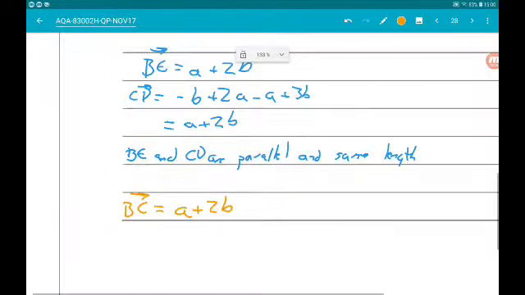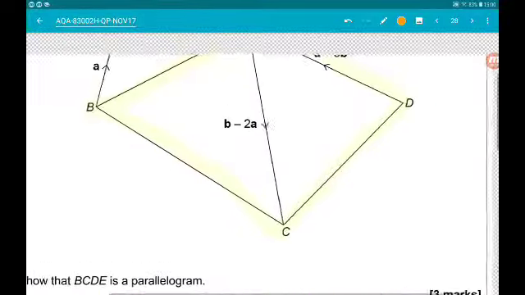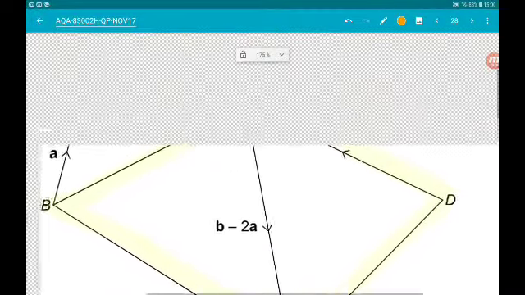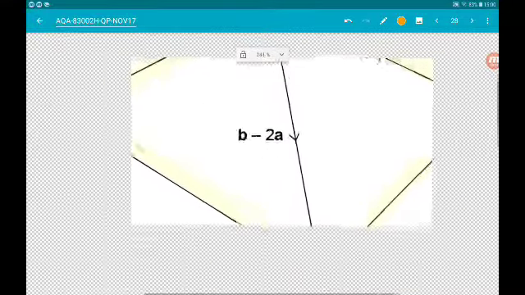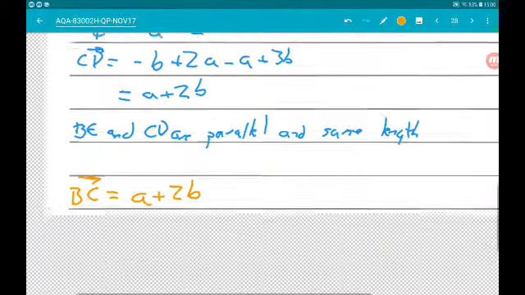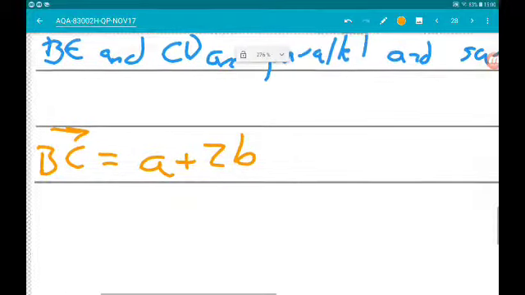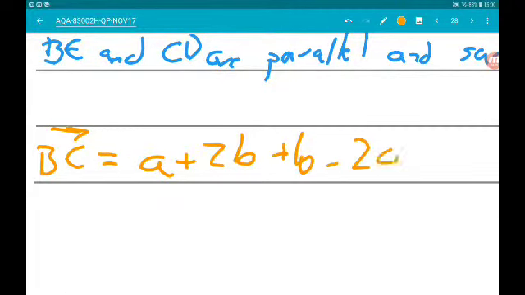And then when we're at E, we're going to go across down to C. So then it's going to be add B minus 2A. So that's going to give us A minus 2A, so that's minus A, and then we got 2B and B, which is 3B.